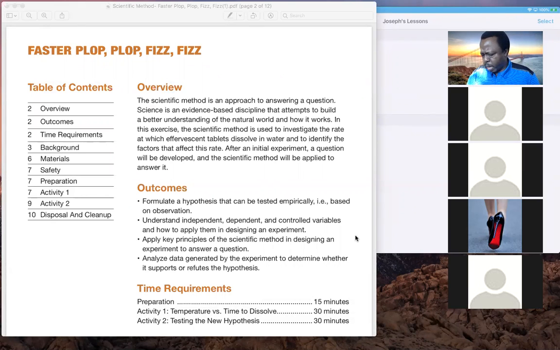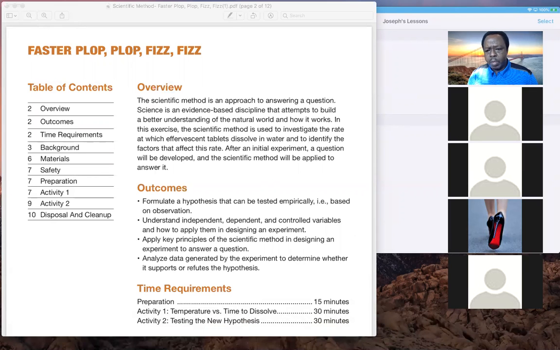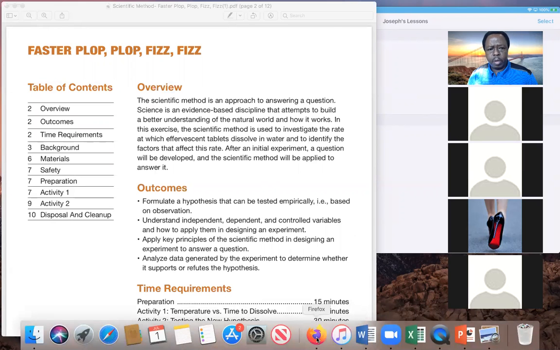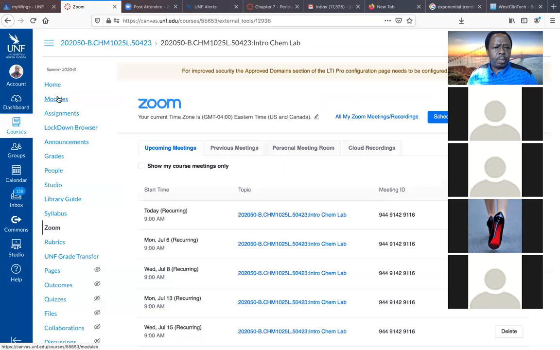I'm going to share my screen, and what you see on the right side of the screen is the lab procedure, the manual. I do have this document online in case you're wondering where it is. It is posted in the modules, all right?